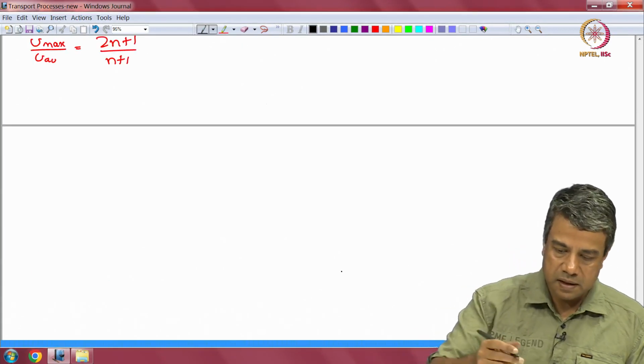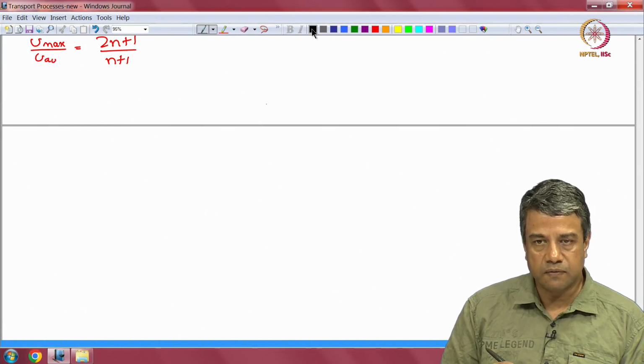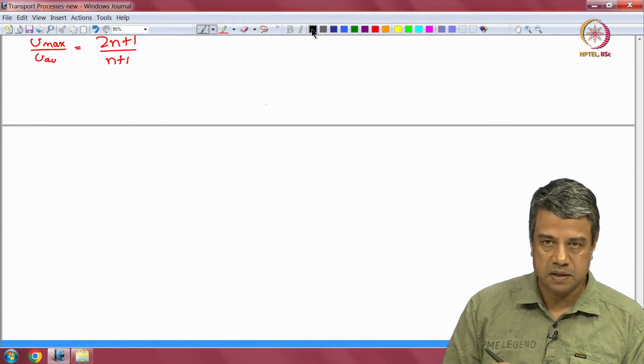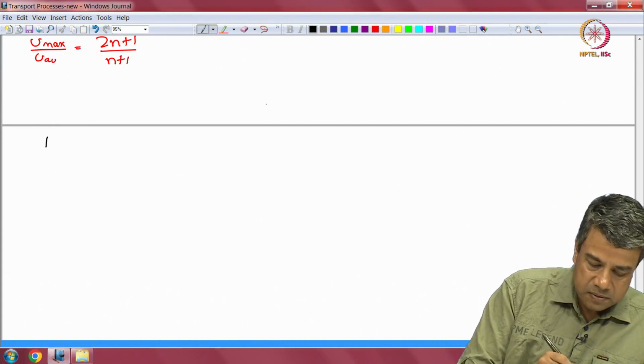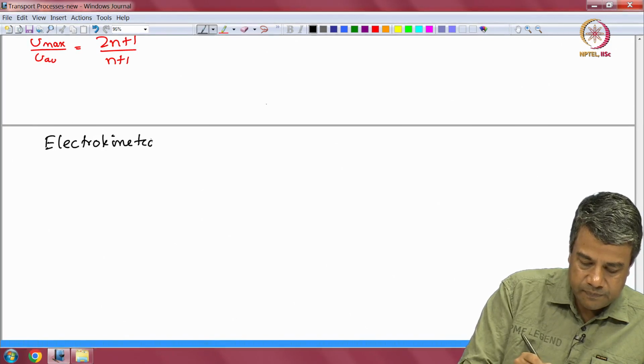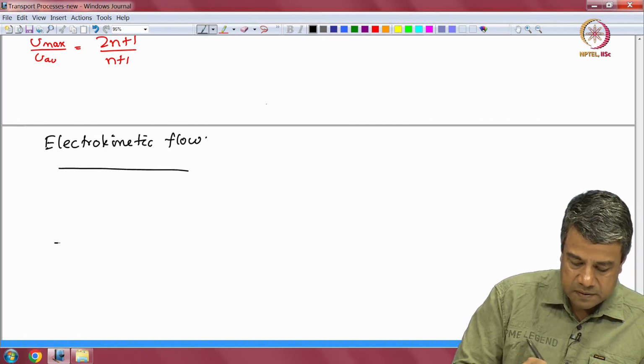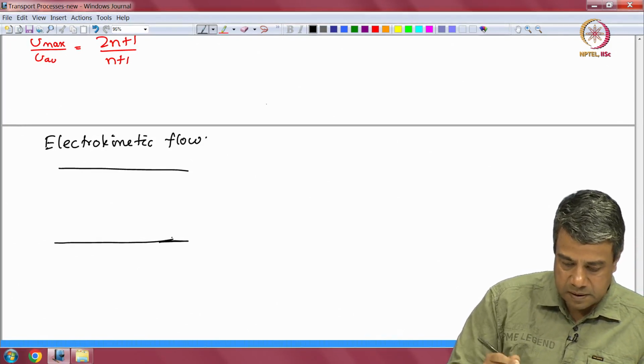So, we will look at another example where the force density depends upon position. And this is what are called electrokinetic flows. I will explain this flow in a little bit of detail.